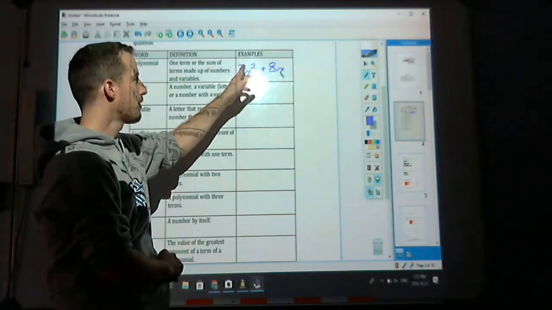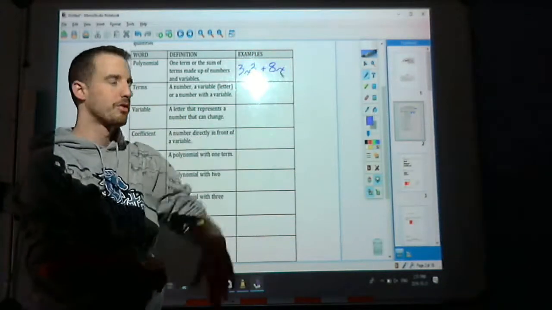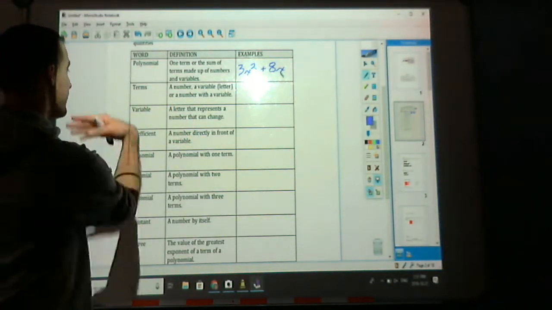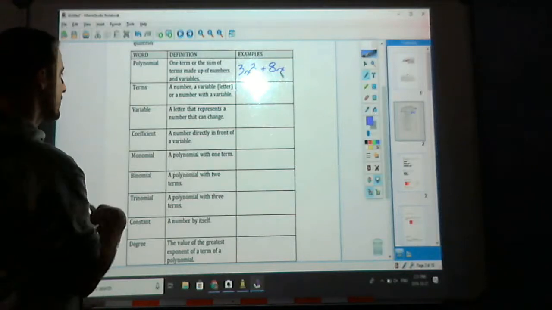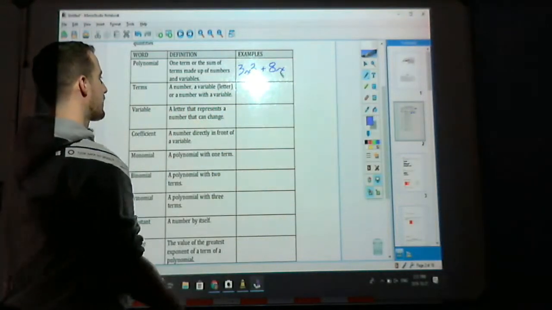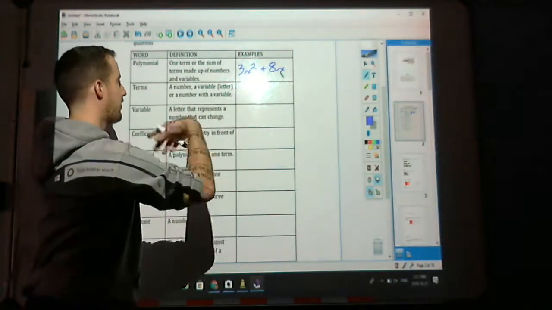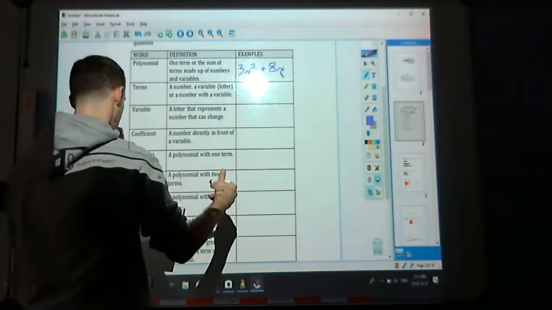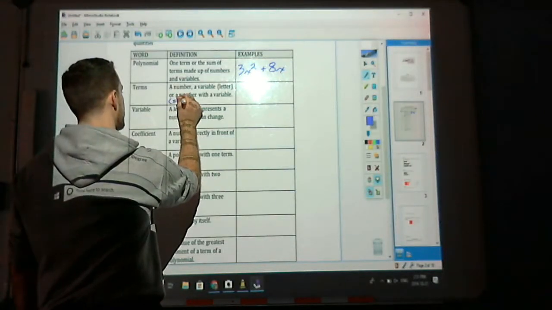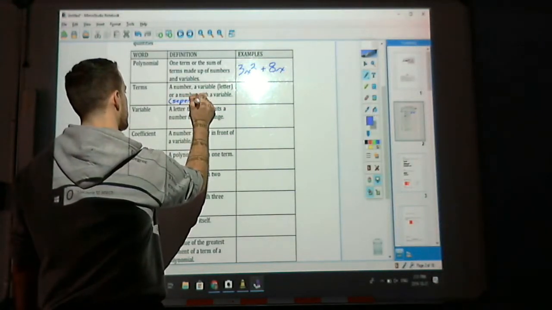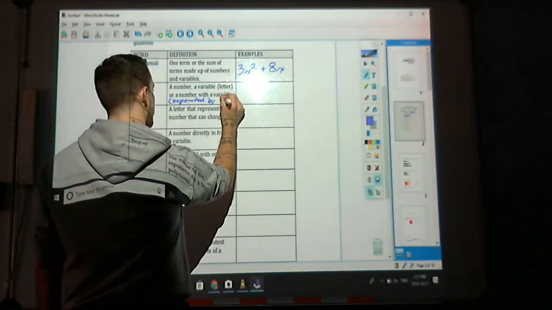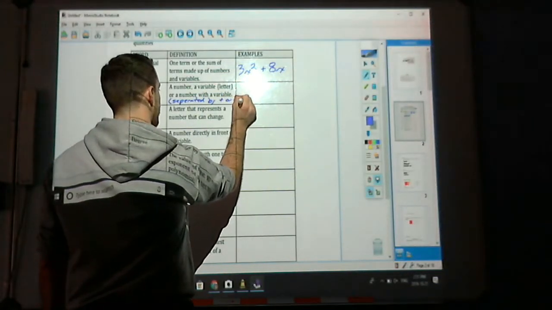So we've got some numbers, we've got some variables, and we'll talk about what all of those different pieces are when we're looking at algebra. Okay, terms. So terms are a number, a variable, so the letter, or a number with a variable. Okay, so we talked about one term or more, and so now what is a term? Well, usually these are also separated by plus or minus, right?